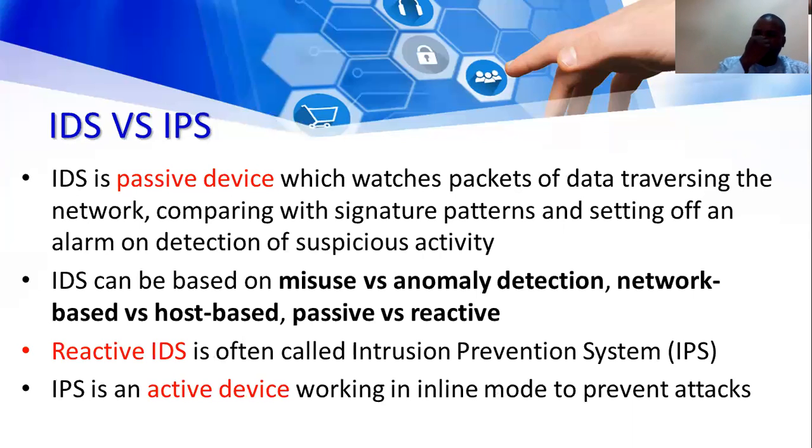We talked about host-based firewalls and network-based firewalls. We said that a network-based firewall tries to protect us between two networks. But this kind of thing doesn't analyze the packet being sent on the network, doesn't go deeper into it.